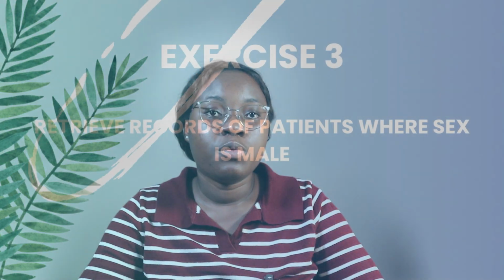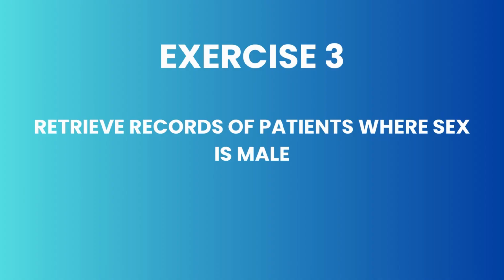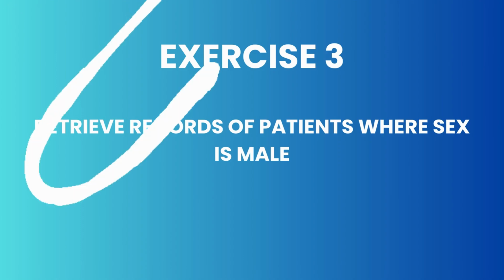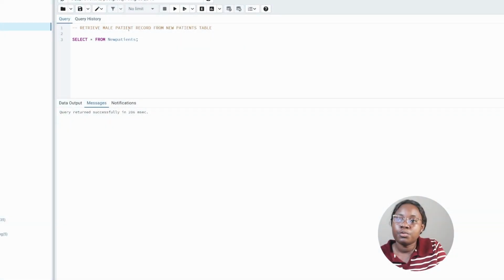So let's say we want to retrieve records of patients where the sex is male. We write the query as this. In our query tool, we want to retrieve patient records that are male. So we say select star from new patient. To do this, we use the where clause.